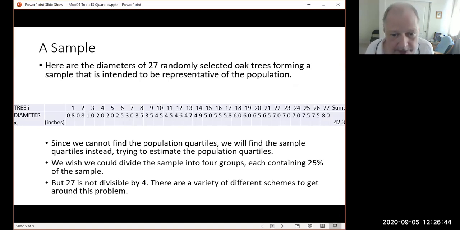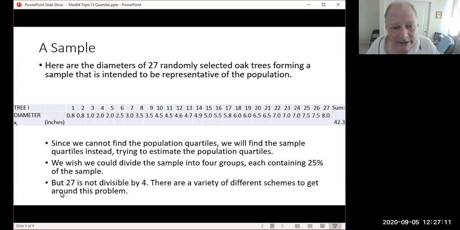This is a sample of 27 oak trees. And we'd like to divide it into 4 equal groups. Same number of individuals in each of the 4 groups, and of course we're stuck because 27 is not divisible by 4. You can't divide it into exactly 4 equal groups.